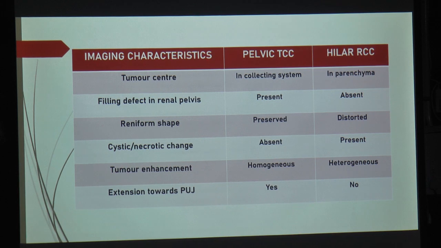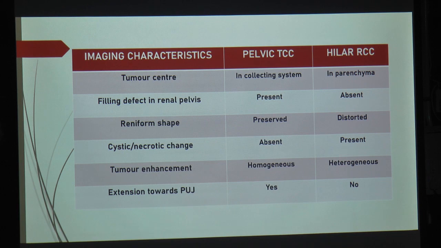And this is a summarization of the radiological characteristics. The tumor centricity, if it is in the collecting system, it's more likely to be a pelvic TCC. If it is in the renal parenchyma, it's more likely to be RCC. Filling defect is by far more common in TCC. The reniform shape will be preserved, generally speaking, in pelvic TCC unless it is very advanced, and will almost always be distorted in RCC.